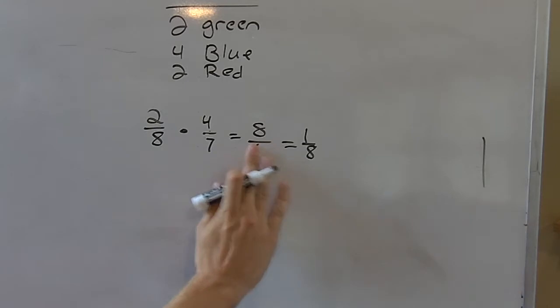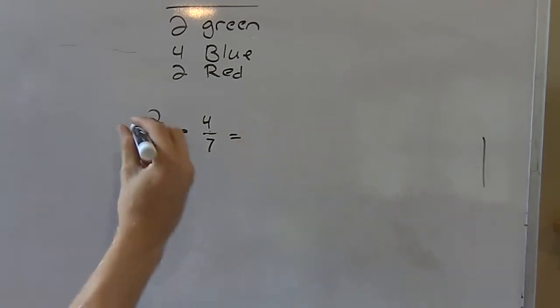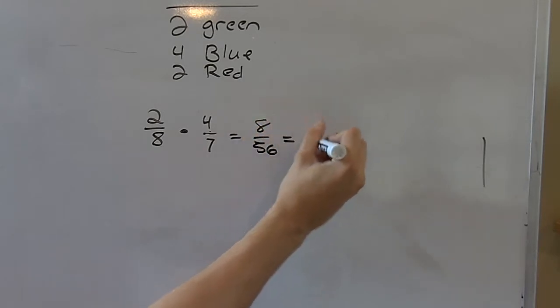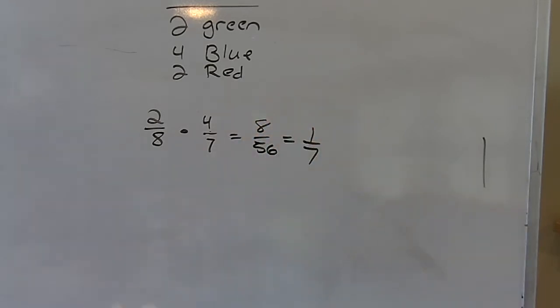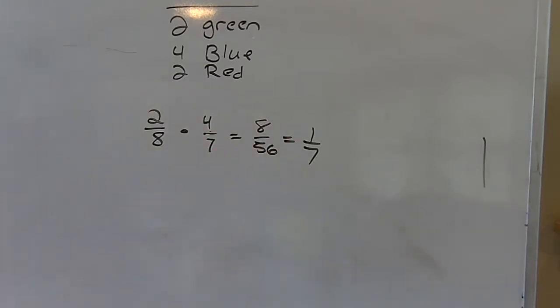So now my probability changes, and it's no longer going to be 1/8. Instead, I'm going to have 8 over 56, which is 1 over 7. So that changes it slightly. Other than that, everything is exactly the same. The explanation for why this finds us the probability is exactly the same.